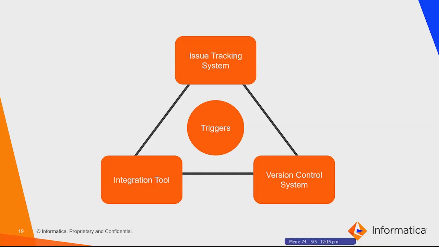The third and important component is the integration tool, which provides pipelines to perform certain operations and integrate with Informatica to exploit the interfaces available for CI/CD. And the core of this whole ecosystem is the triggers. How these individual components interact with each other is decided by the triggers.